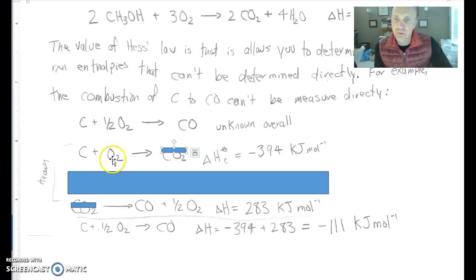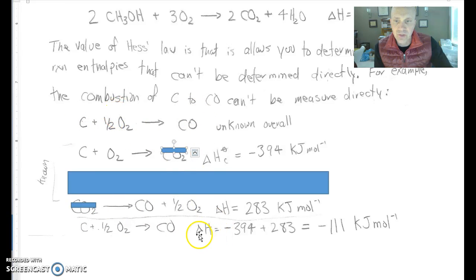Once we end up canceling out that 1/2 of an oxygen and add things together, notice that this carbon comes down, we have our 1/2 of an oxygen left over, and we have carbon monoxide here, and this 1/2 of the oxygen got canceled out. Notice that what we have is now the overall reaction.